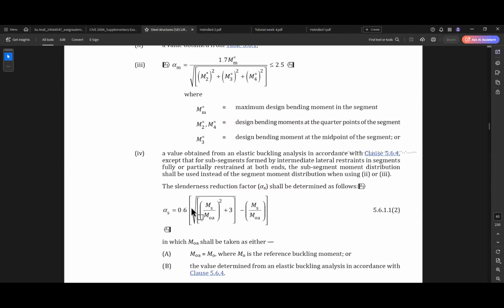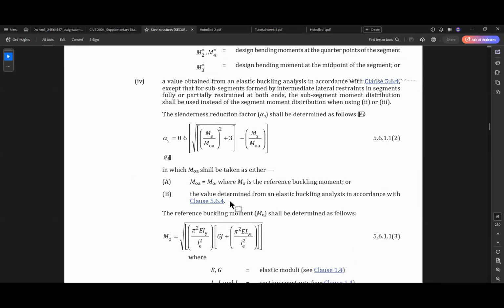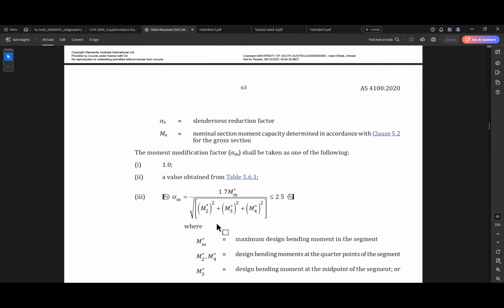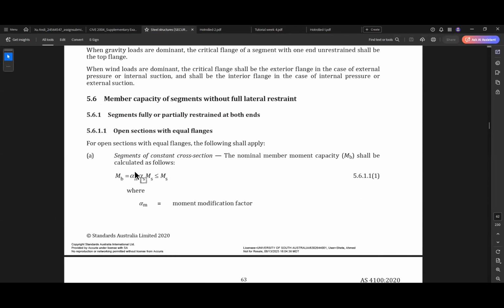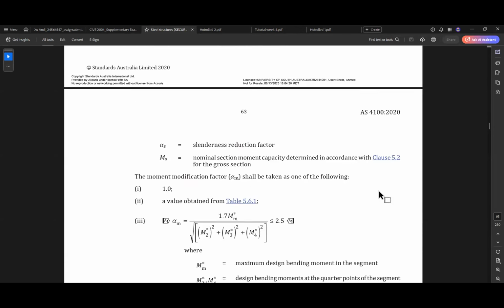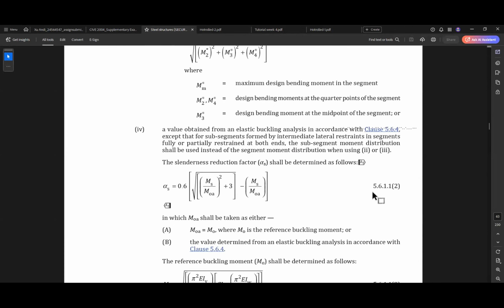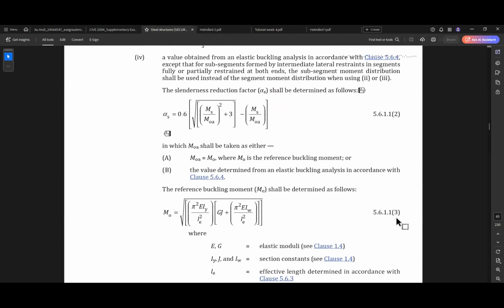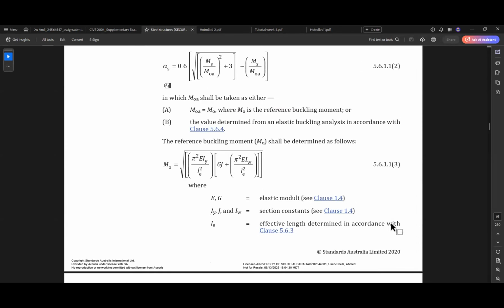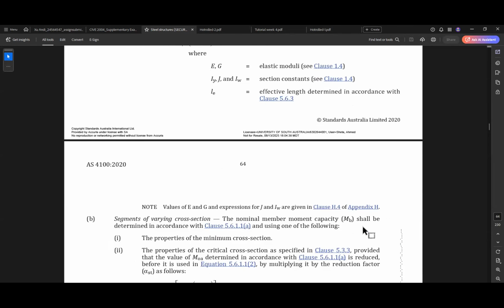So we will use 5.6.1.1 and 5.6.1.2. We will use the same formula here and here, similar to before, with Mo equal to Mo obtained from this section and the appropriate value of alpha m from table 5.6.2.